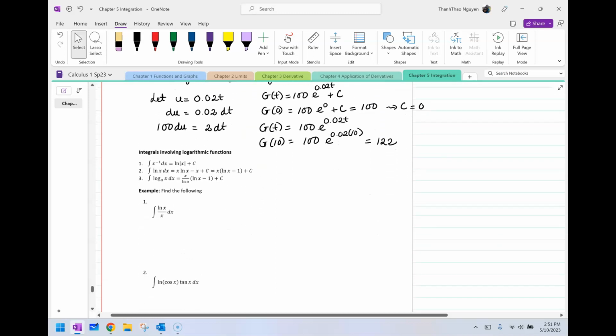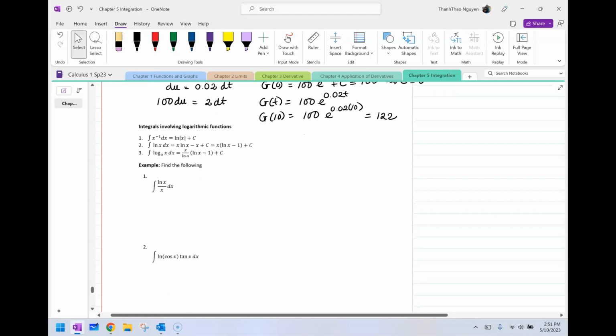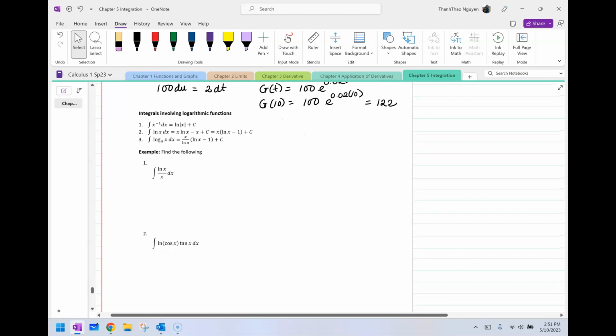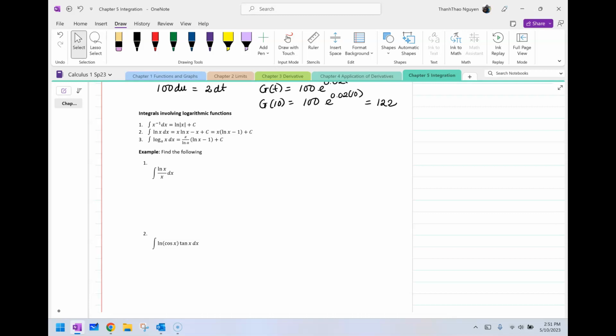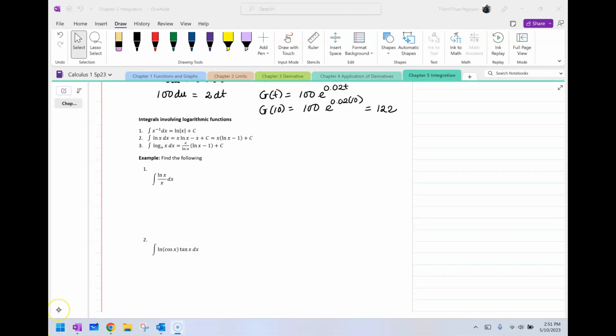Let's take a look at the integral that involves logarithmic function. Okay, so the integral of 1 over x dx equal to ln of x plus c. And here we have the integral of log base 8 of x dx. So let's use that to calculate the following. We want to find the integral of ln of x divided by x dx.